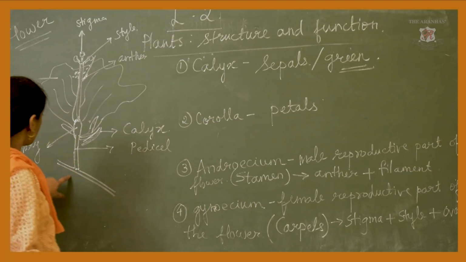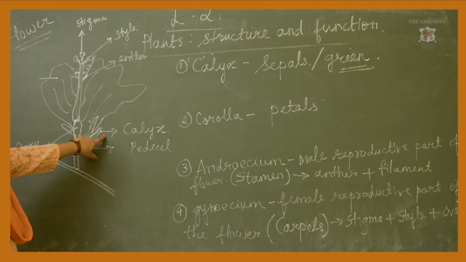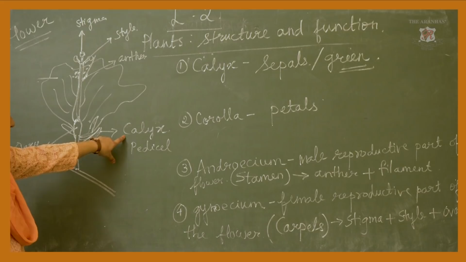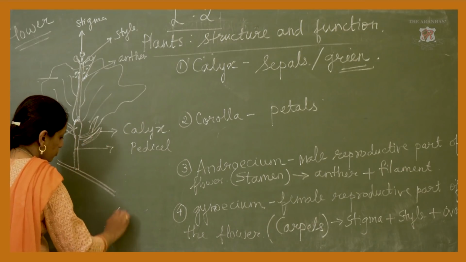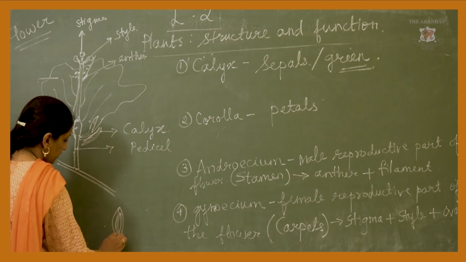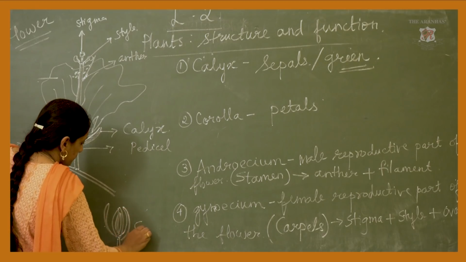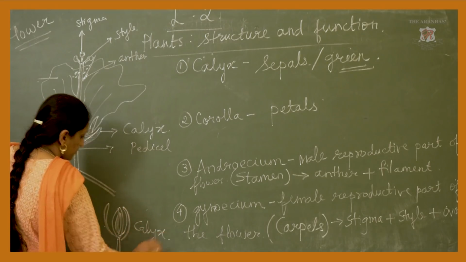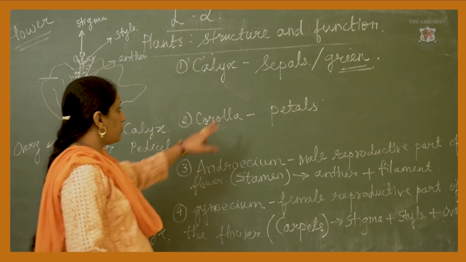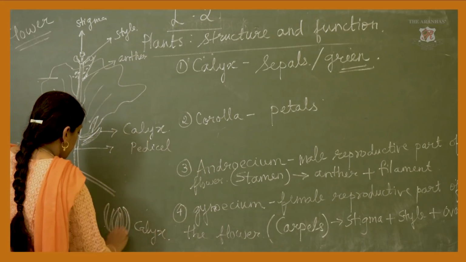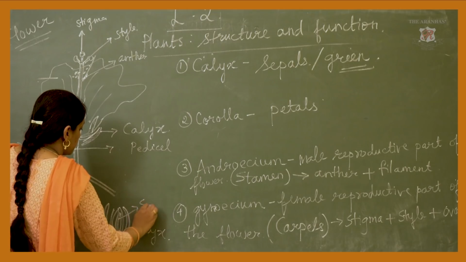So, from here where the flower starts growing, there are leaf-like structures called calyx. In bud condition, the flower is protected by the green colored calyx. Calyx is made of sepals. These are called sepals, what are inside the calyx.